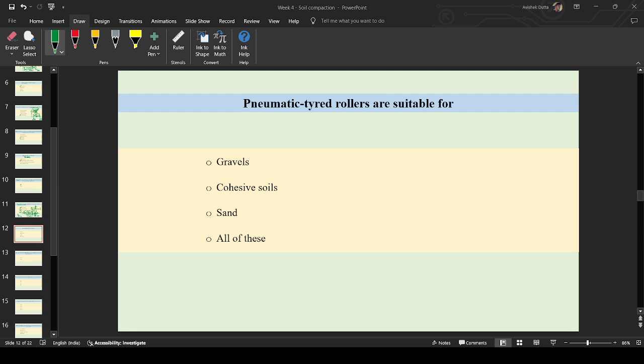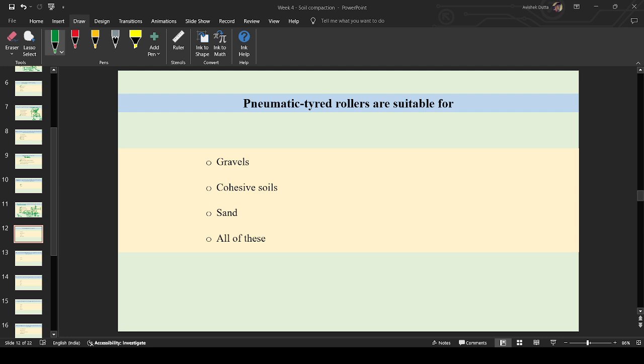You can search the pressure and kneading part in any standard textbook. So gravels, cohesive soils and cohesionless soils both can be done using pneumatic tired rollers. It is suitable for all types of soils because it is a good compaction technique.